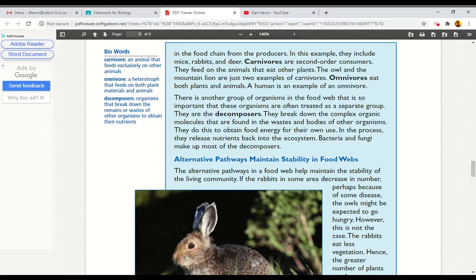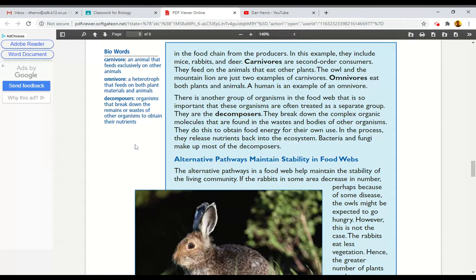In this example, they include mice, rabbits, and deer. Carnivores are second-order consumers. They feed on the animals that eat other plants. The owl and the mountain lion are just two examples of carnivores. Omnivores eat both plants and animals. A human is an example of an omnivore.